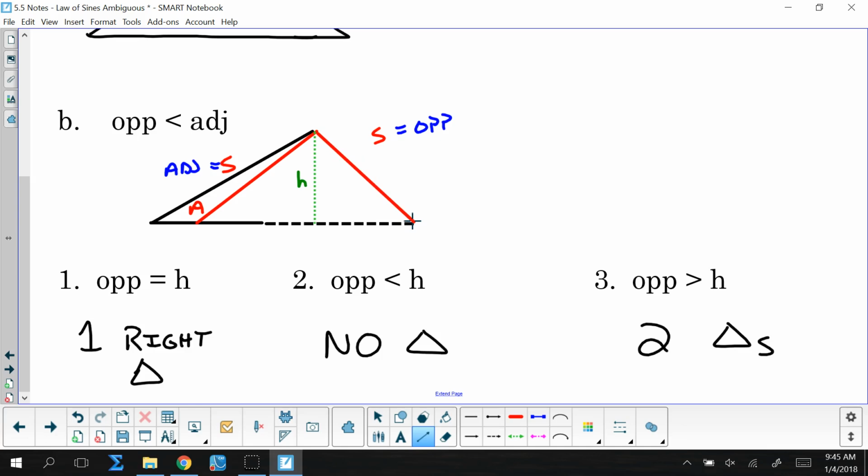So I'm going to get two distinct triangles. Now, that's a lot of information, and I told you that I would do it in 27 minutes, which means I get to sum it up in 2 minutes.